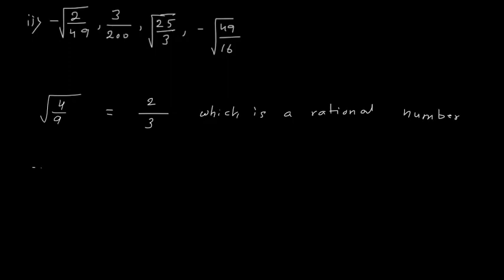Therefore, I will say that root 4 upon 9 is a rational number.